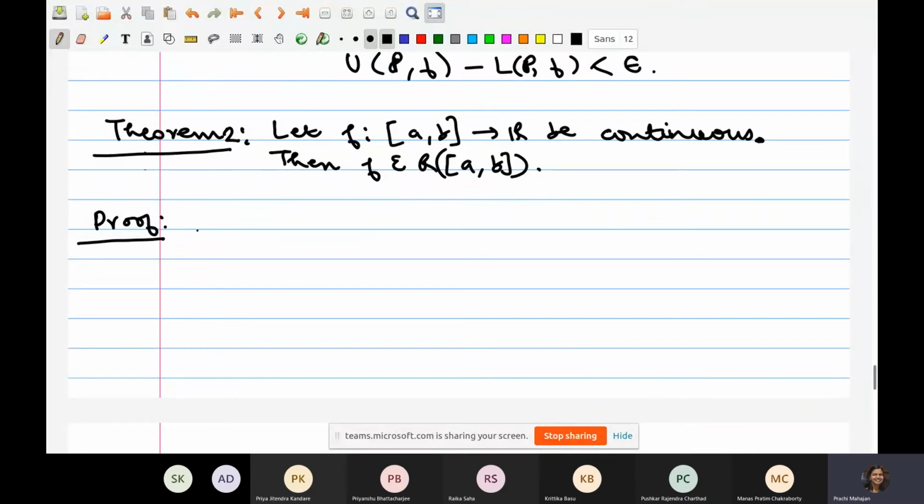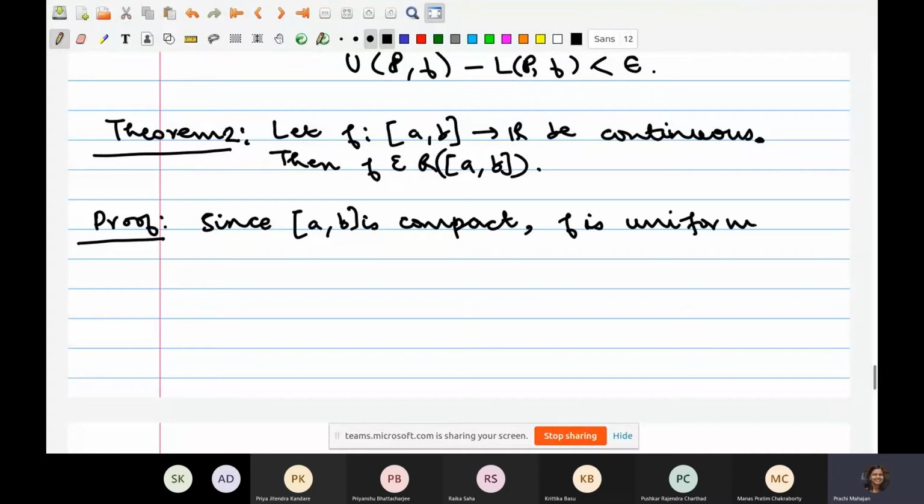But before that, let's make this observation. Since the interval AB is compact and f is a continuous function defined on a compact set, the first thing we note is that f is going to be uniformly continuous on the interval AB. Correct?